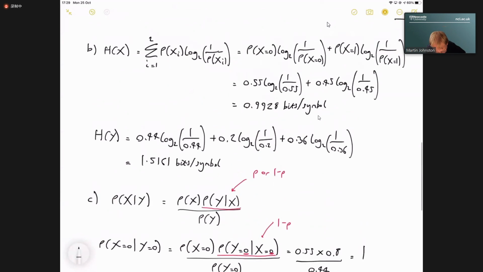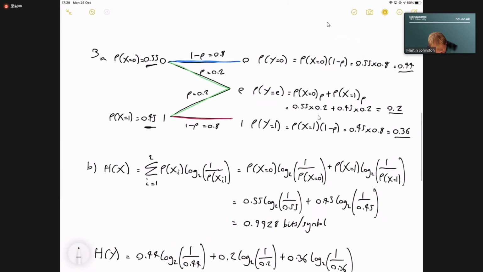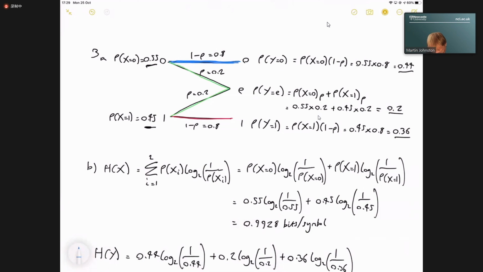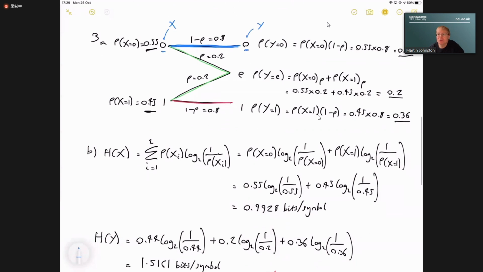Because if we go back to the diagram, look at this blue line here. This is y, this is x. If I've received a y, then the only possible input must be x equals 0 with absolute certainty. So the probability of x equals 0 given y equals 0 is 1.